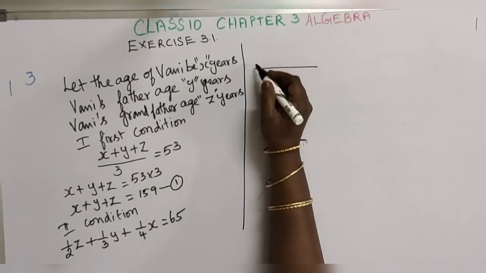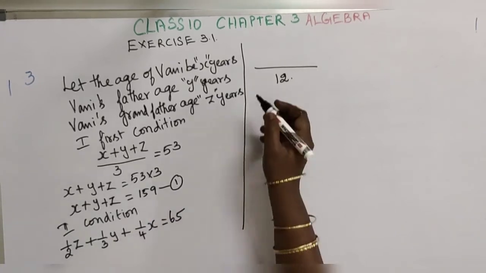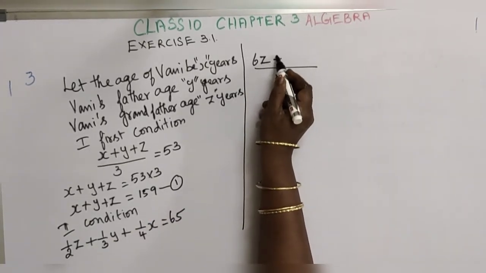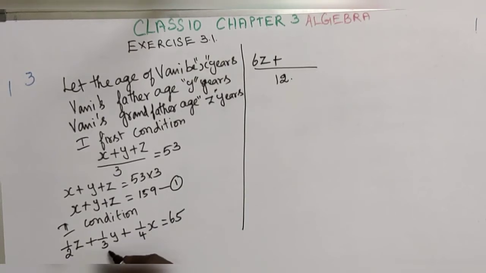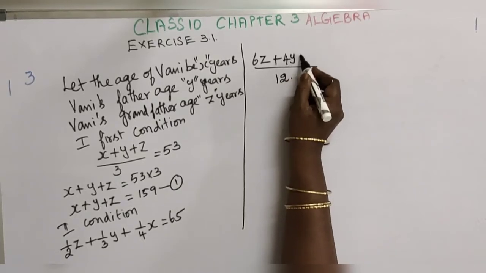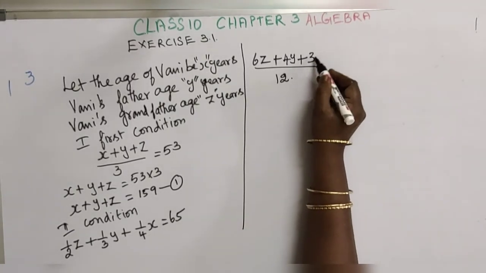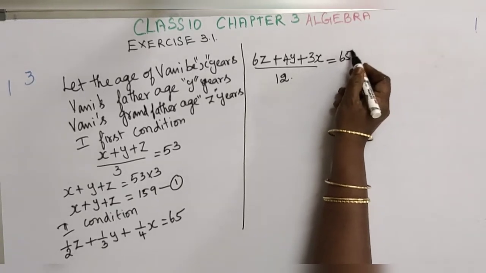Taking LCM for 2, 3 and 4, the LCM is 12. In the denominator we have 2; in order to make this 12, we multiply by 6, so the numerator also is multiplied by 6. So 6z plus, for the denominator 3 to become 12, we multiply by 4, so 1 into 4, 4y plus, for 4 to become 12, we multiply by 3, so 1 into 3, 3x, equal to 65.